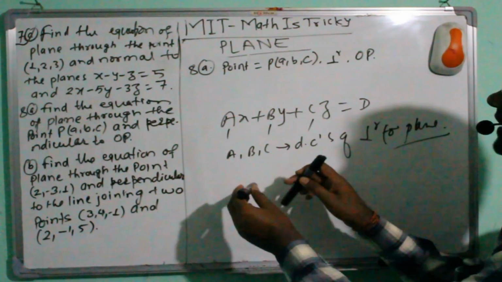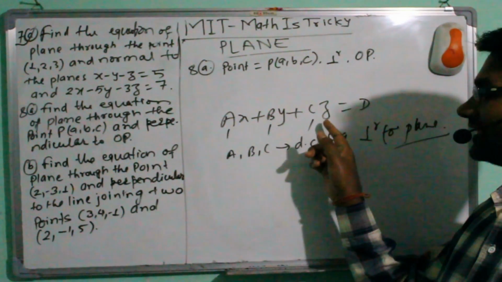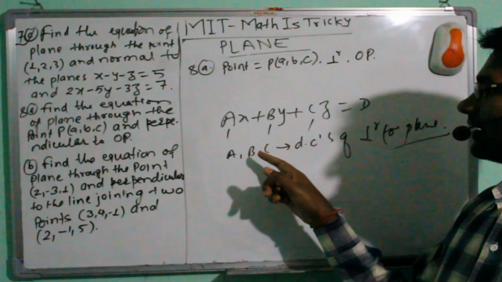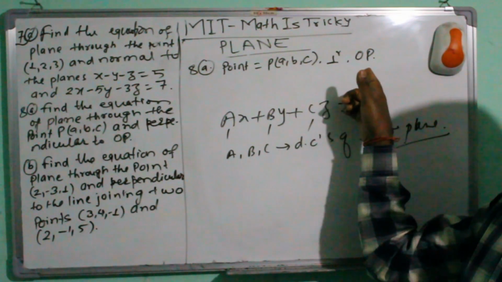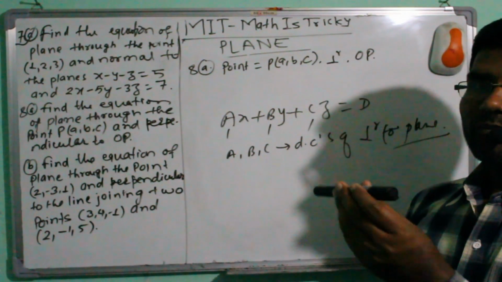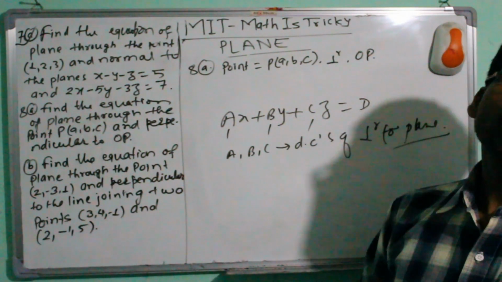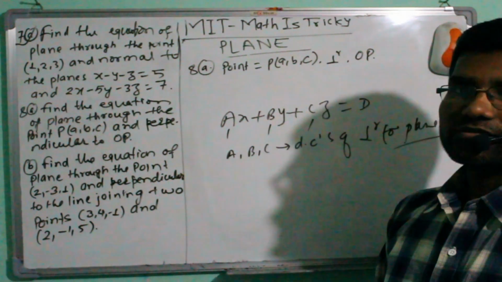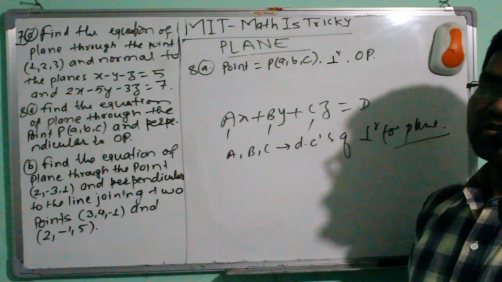That means the normal to this plane, whose DCs are A, B, C, will be parallel to this line OP. If the normal and OP are parallel, their DCs or DR will be proportional, and from that we'll get the value of ABC, and then we can find the equation. This is how we are going to solve.